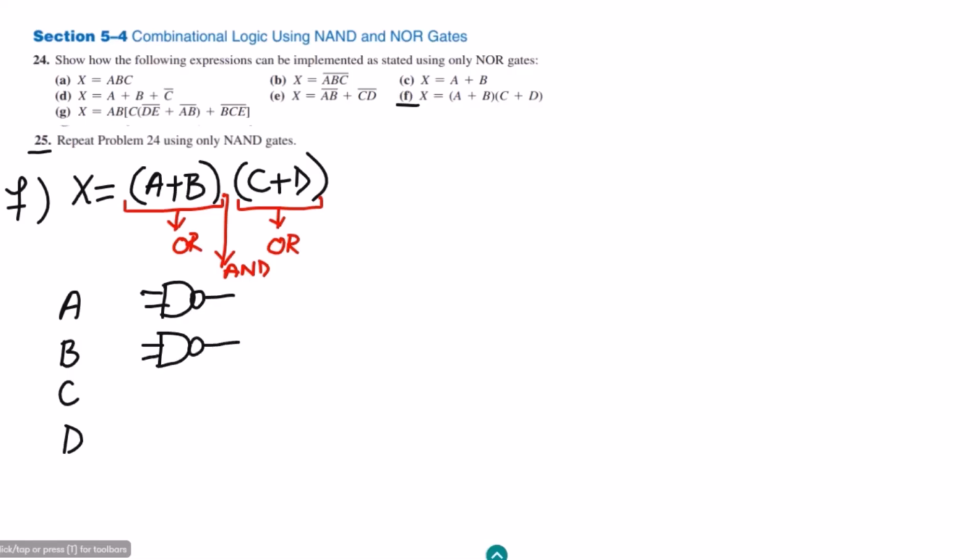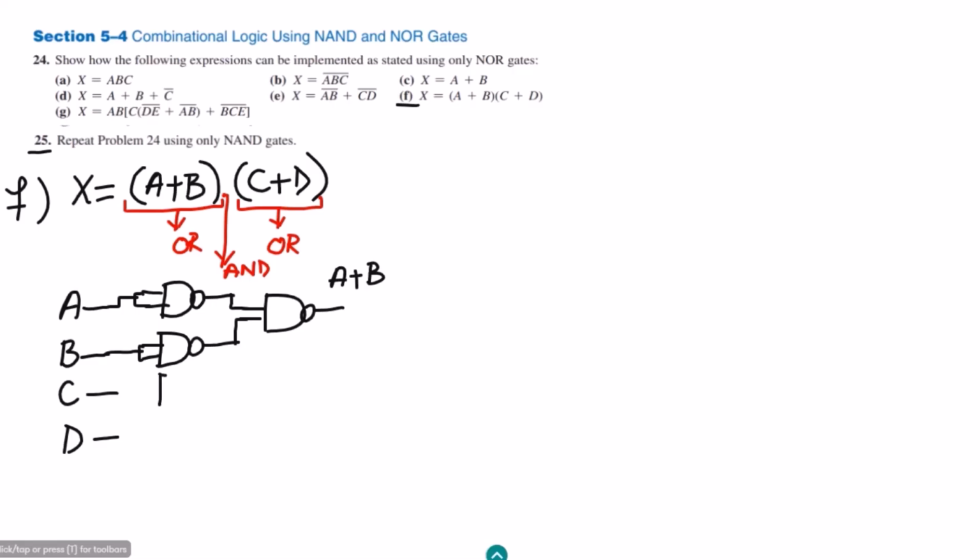The 2 inputs are combined together, while these are applied to the 2 input NAND gate as well. This is the first OR gate, and the input lines are here. The first input is given to it, the second is to it, and at the output of it I will get A plus B.